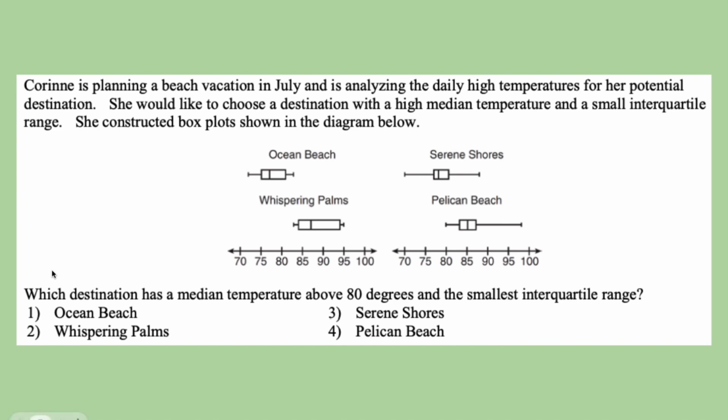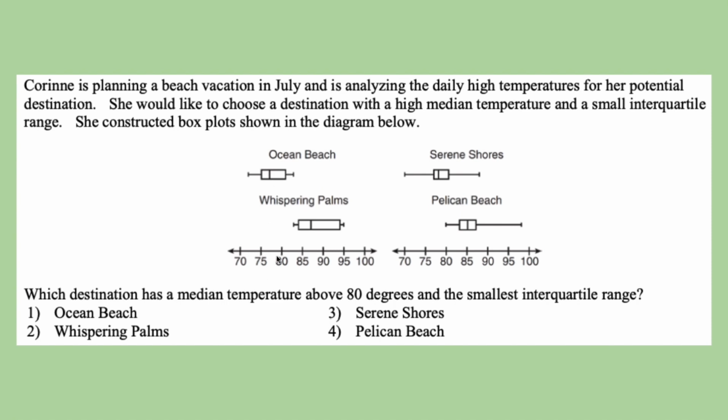So for the first question, they ask, which destination has a median temperature above 80 degrees and the smallest interquartile range? So they're asking us to look at these box plots and find out the median. And we know that the median is the line in the middle of the box. So here on Ocean Beach, the median is around 77.